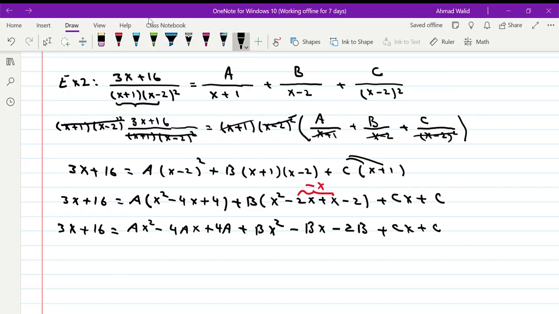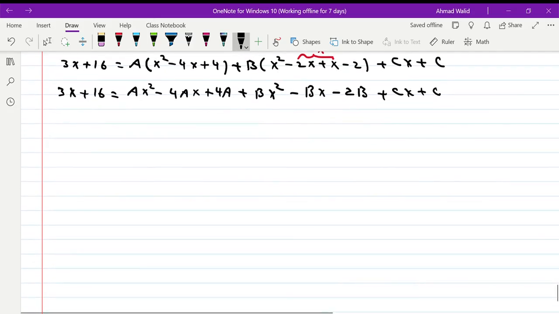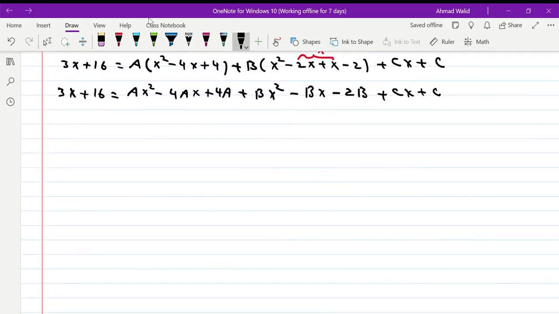Now write the right side in descending order. Then 3x plus 16 equals Ax squared. Do I have another x squared? Yes. Plus Bx squared.